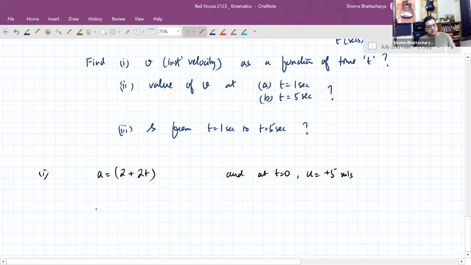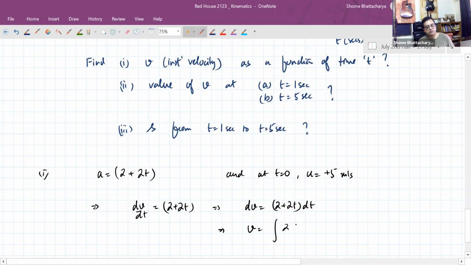Okay, so we can use this relation that dv by dt is equal to 2 plus 2t. So one is we can do an indefinite integration. That means v is equal to 2t plus t square plus some constant of integration.